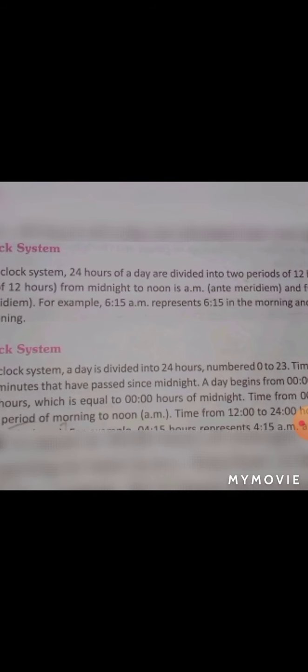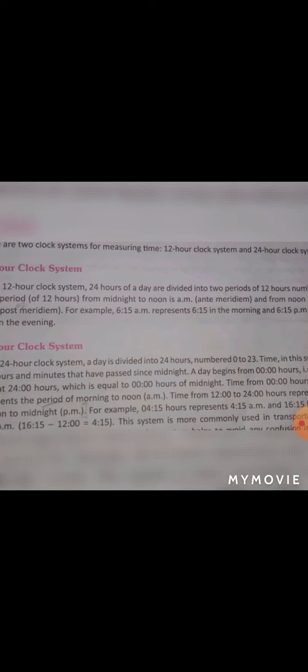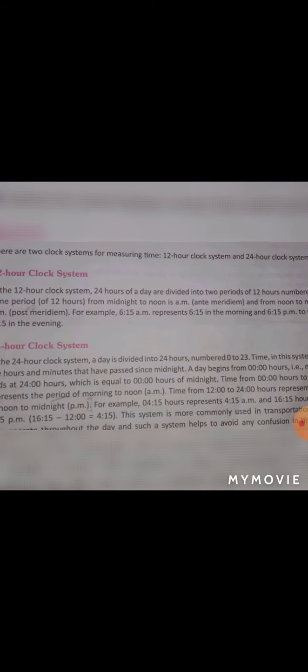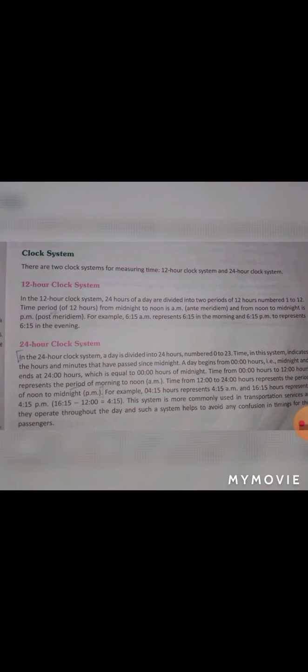Next, the 24-hour clock system. In the 24-hour clock system, a day is divided into 24 hours numbered 0 to 23. Time in this system indicates the hours and minutes that have passed since midnight.